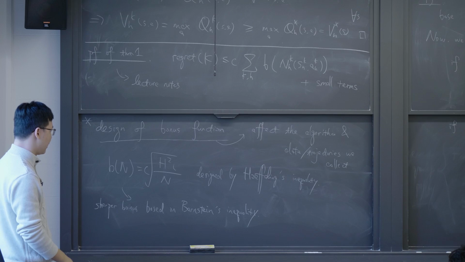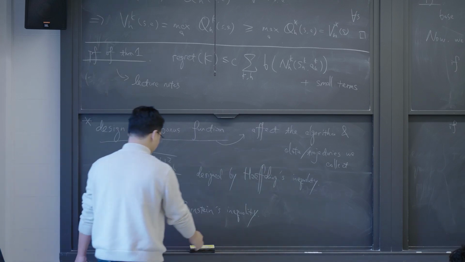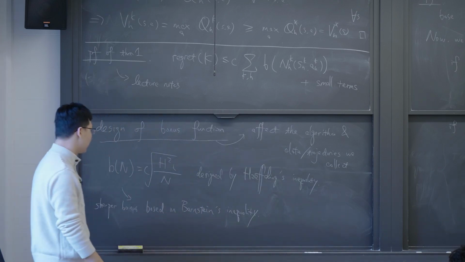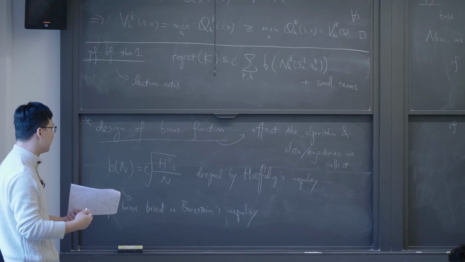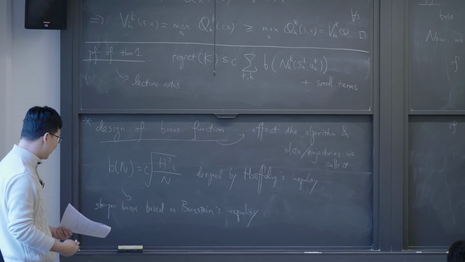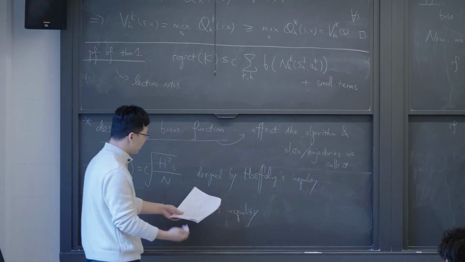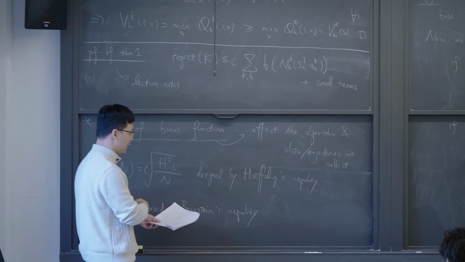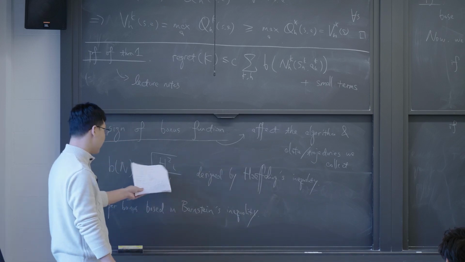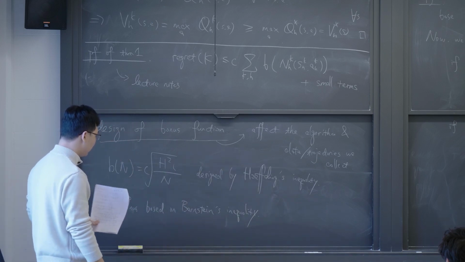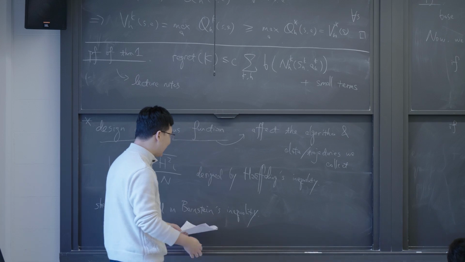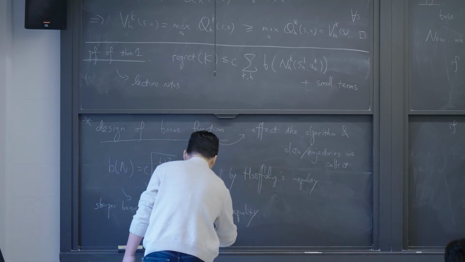Presumably this is going to help. The only complication is that Bernstein's inequality depends on the variance, which is different from Hoeffding, which just needs a bounded random variable. We know it's bounded by H, so we just directly put an H here. Here we essentially need to estimate the variance.